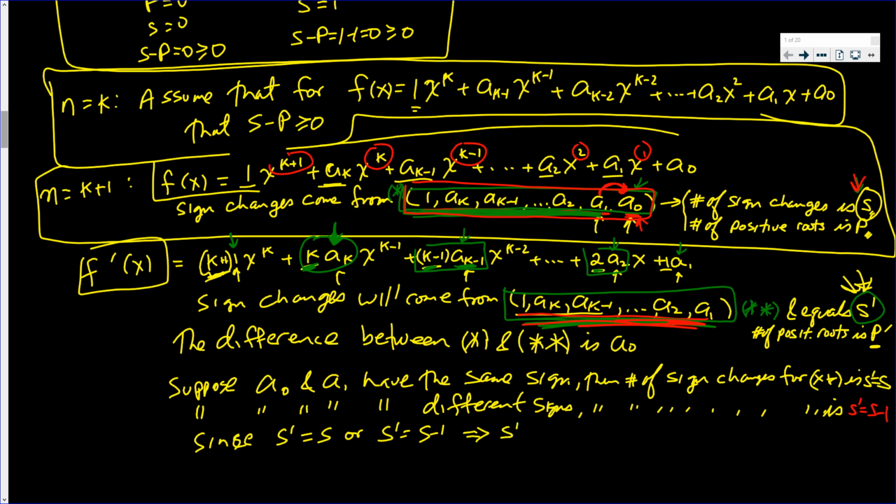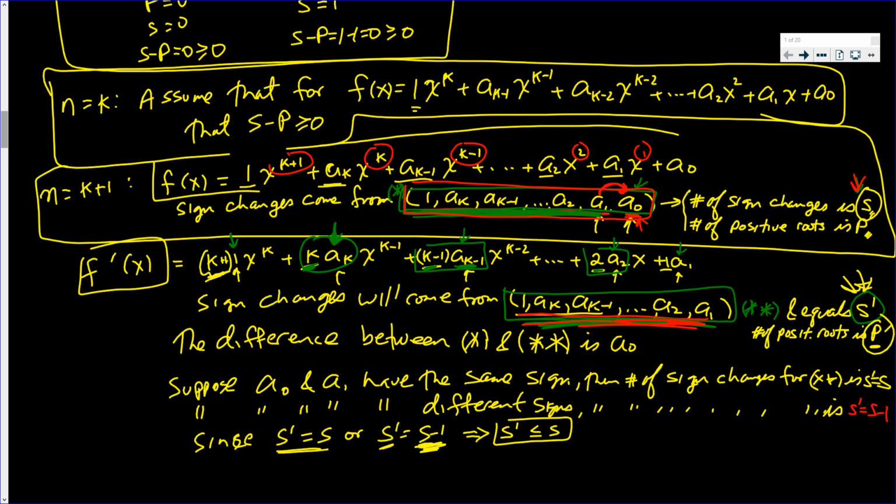We know that S prime is going to be less than or equal to S. It can equal S, or it can be one less than S. So S prime can equal S, or it can be less than S. How much less? 1, but nonetheless less than S. Okay. Now, we need to find some information about P prime.